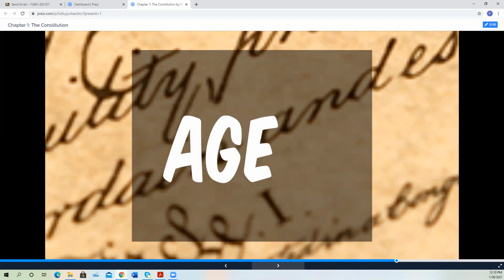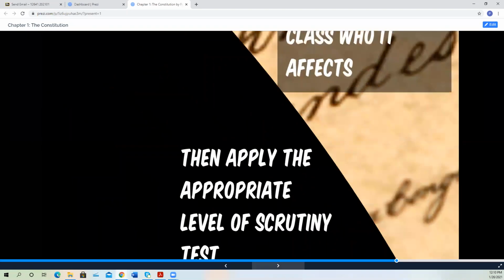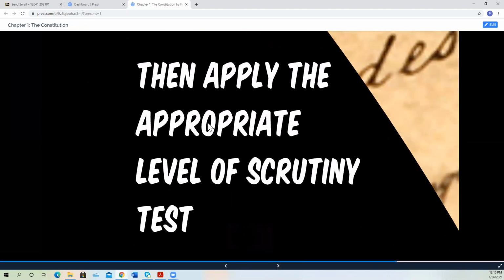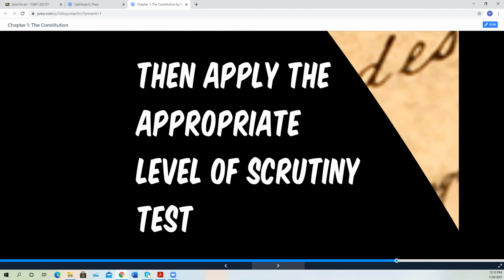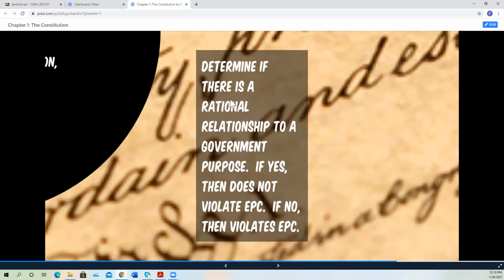Because it's affecting people because of their age, we know that we use the rational relationship. So you first look at the who, and then you apply the appropriate level of scrutiny. The who is age, and the level of scrutiny is the rational relationship to government purpose.